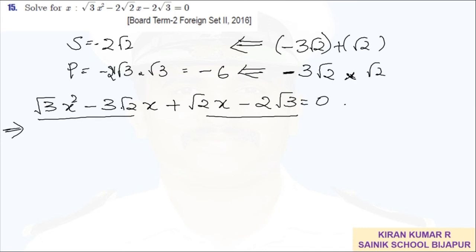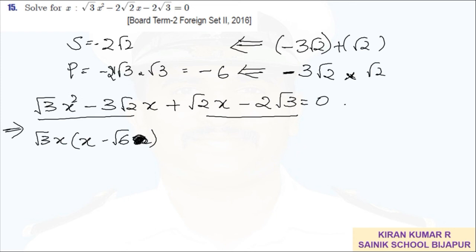Here I can take root 3x as common, so x minus, here when root 3 is taken out of 3 root 2, root 2 will remain. Root 3 multiplied to root 2 becomes root 6. Only root 6, not x.